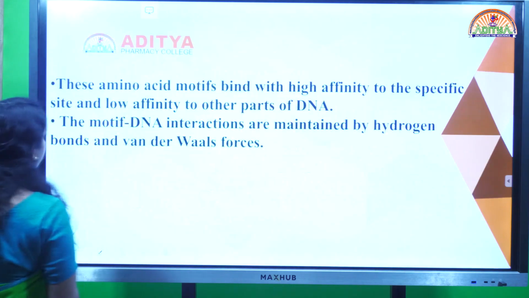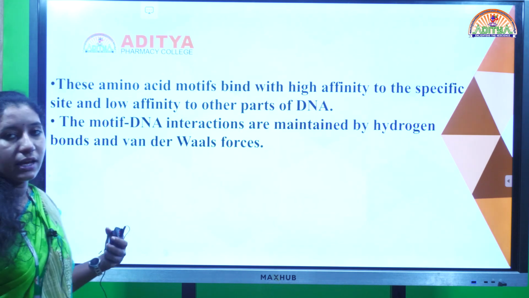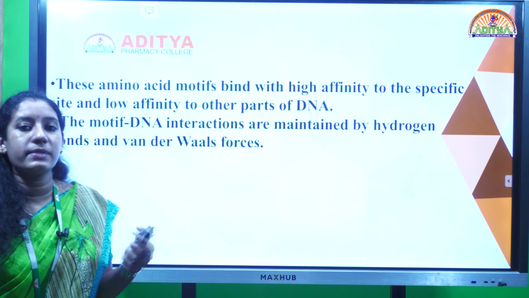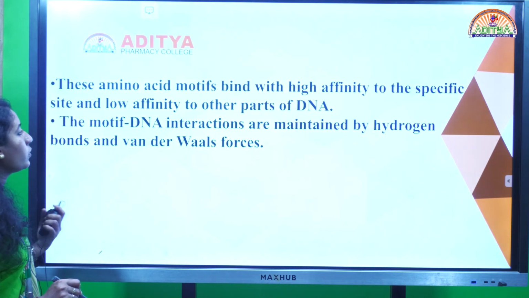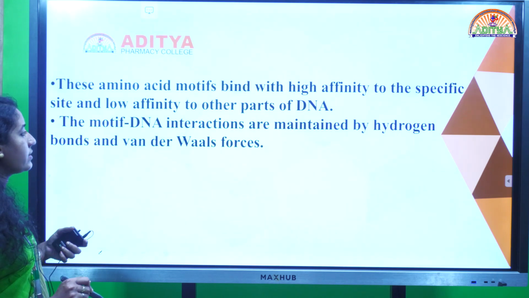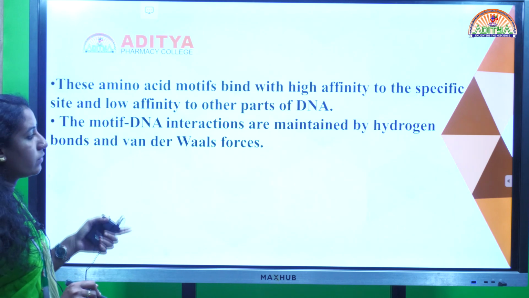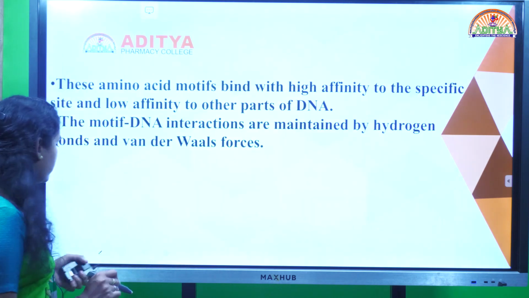Coming to the first type of motif, these amino acid motifs, the dominant elements, will bind with high affinity to the specific site of the DNA, and that promotes the transcription. And the motif and DNA interaction will be maintained by the formation of hydrogen bonds and van der Waals forces.